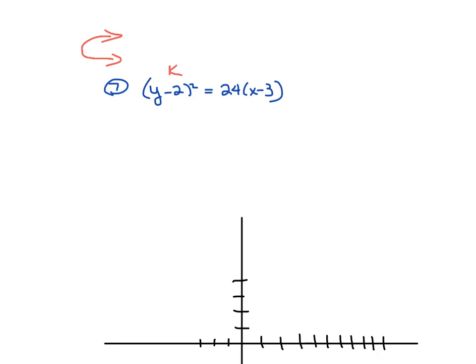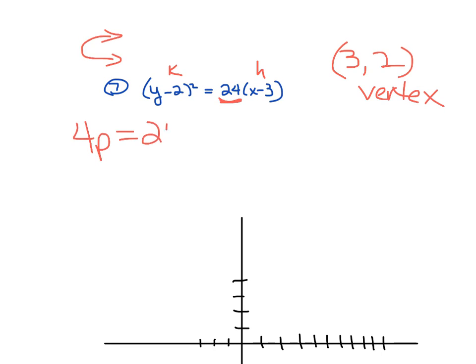Remember, this is K. This is H. So it's going to be 3, 2. Remember, the number in front of the non-squared term is your 4p. So I'm going to set it equal to 24. Divide. P equals 6.